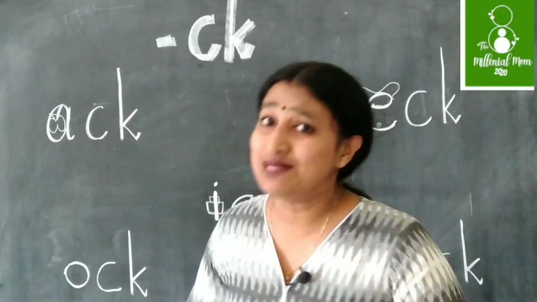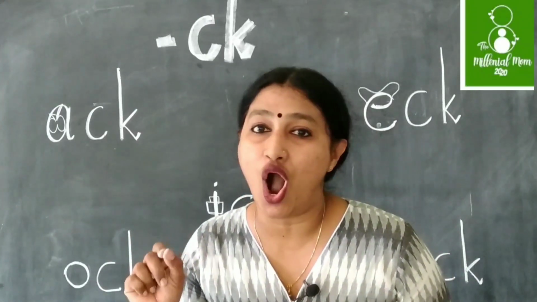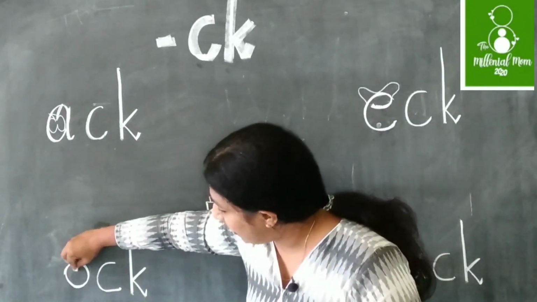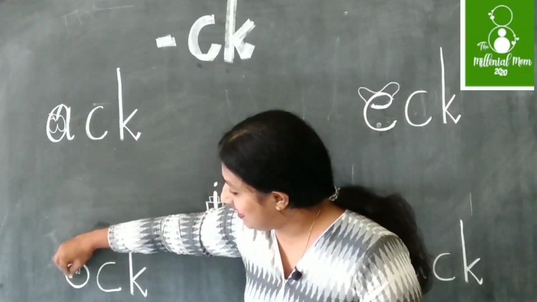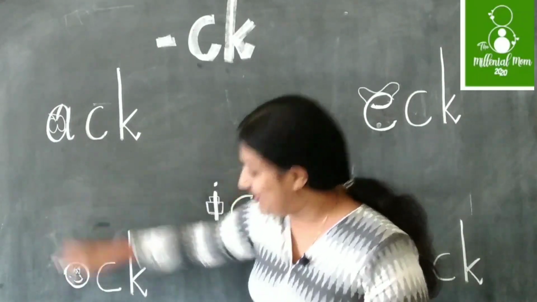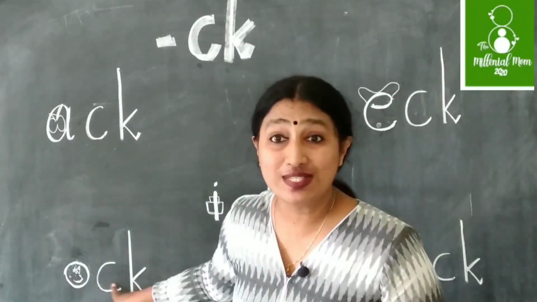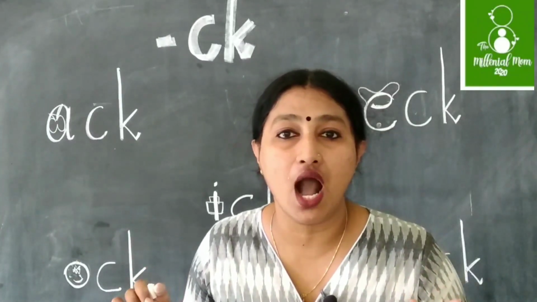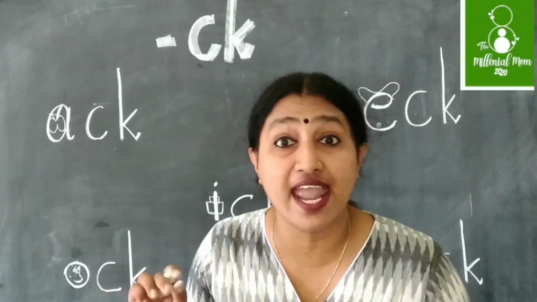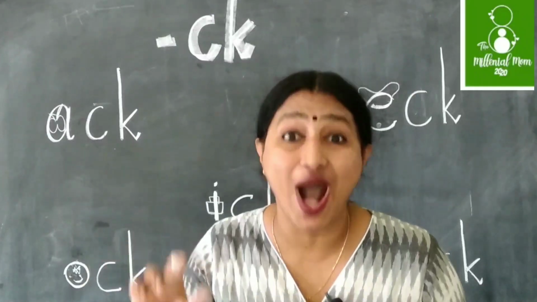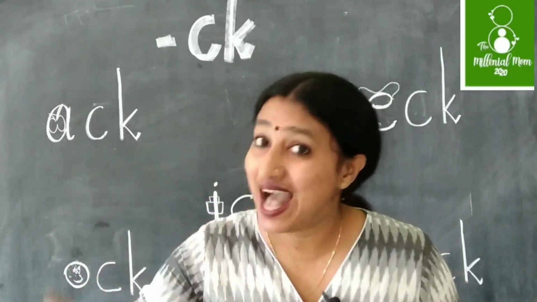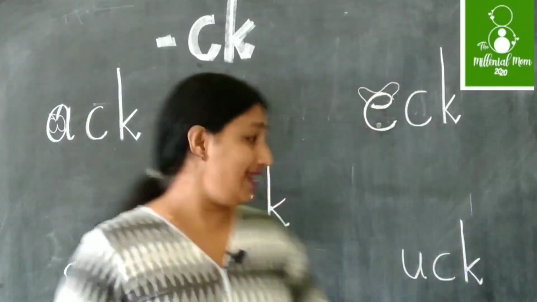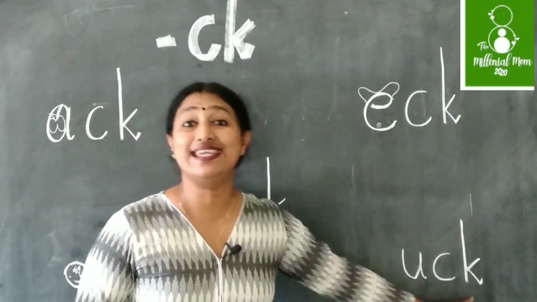OCK will always be ok, the short sound of O. So I am going to draw an orange in the O so that you remember that OCK will always say ok. Ok. It is never going to say oak. It is the short vowel sound of O. Ok. Ok.